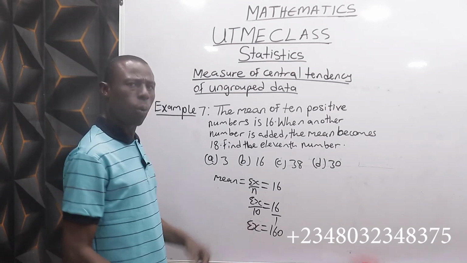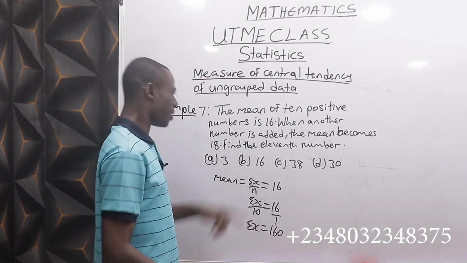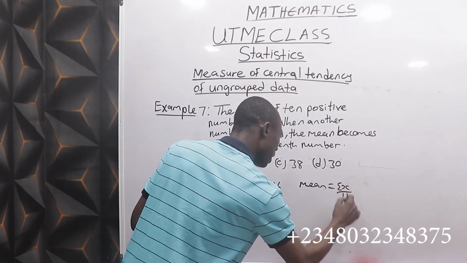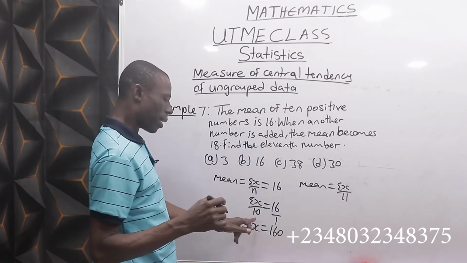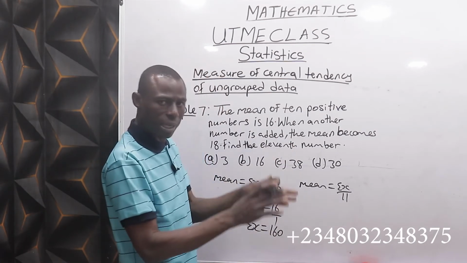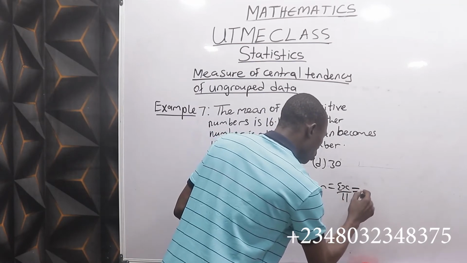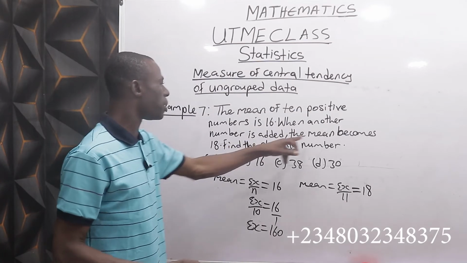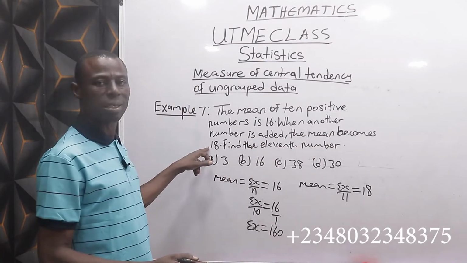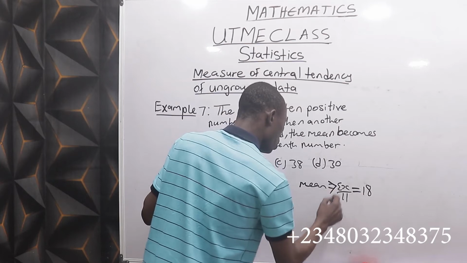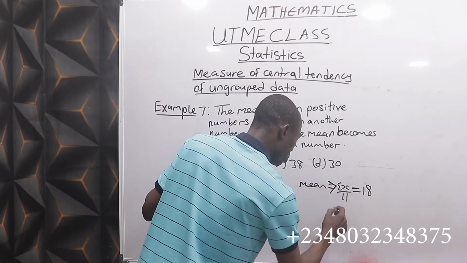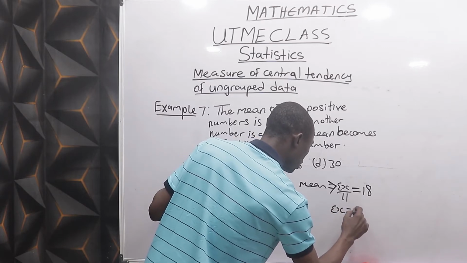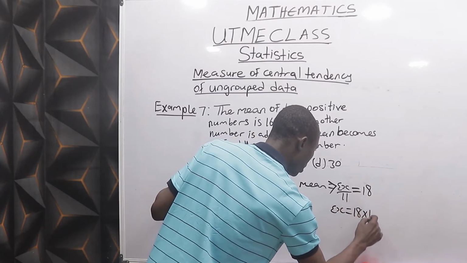When another number is now added, the mean will now be summation x over 11, no longer over 10, because another number is added. It will now be equal to 18. We cross multiply to have summation x equals 18 times 11.